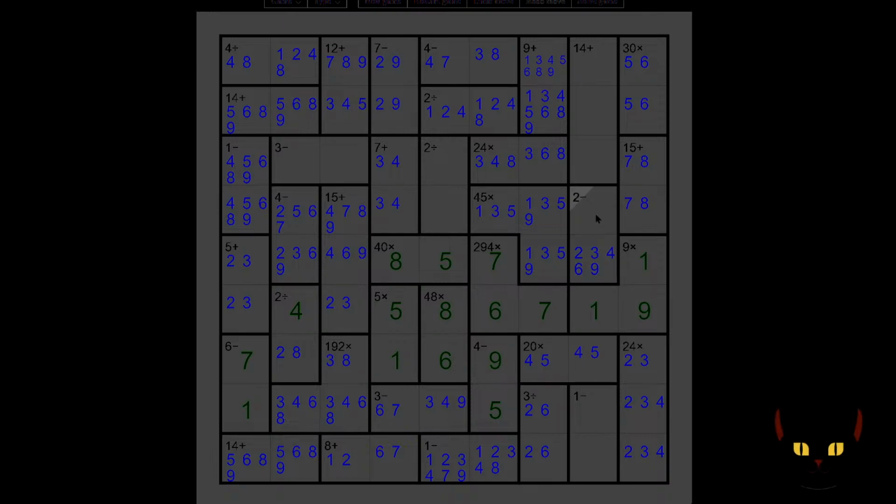Difference is 2, so 2 goes with 4, 3 goes with 5. It's not allowed then. 4 goes with 2, 6 goes with 8, 9 goes with 7.